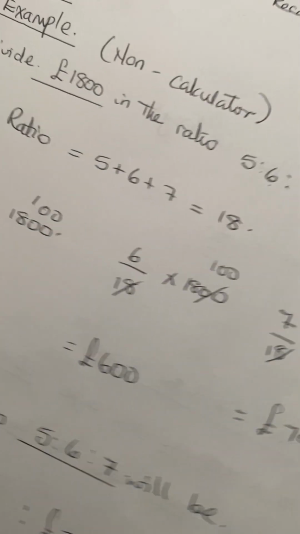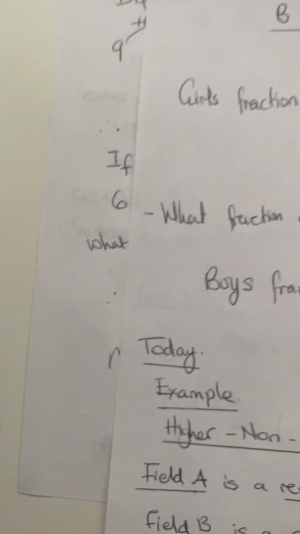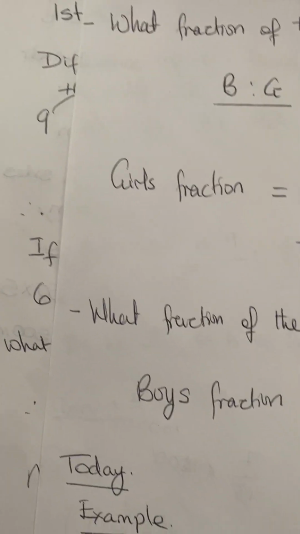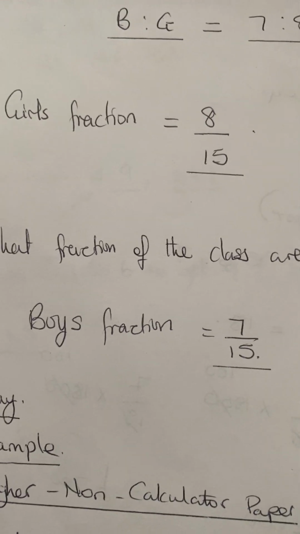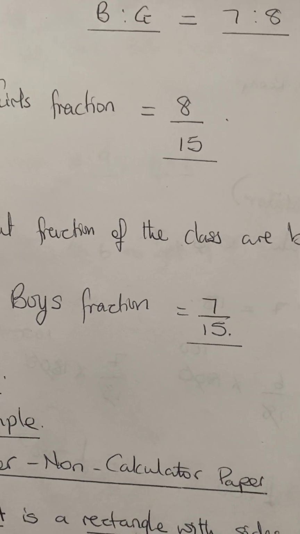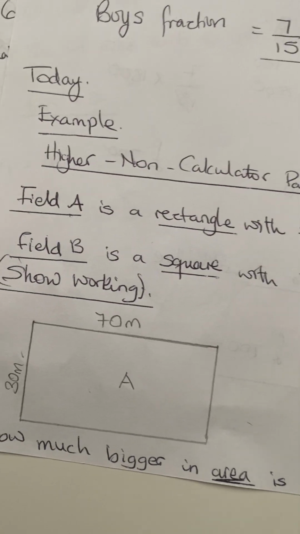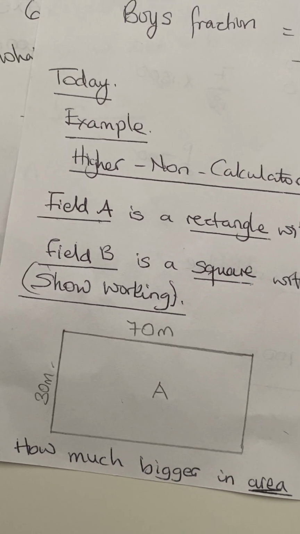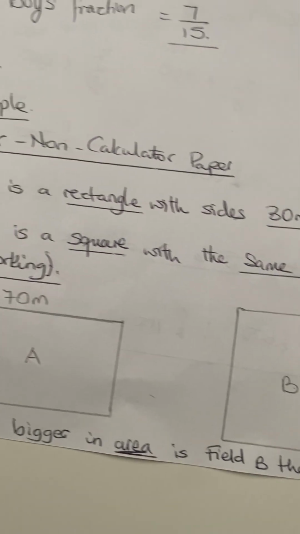Let me quickly go over what we did. We did a starter, which is a ratio, and then I quickly did a ratio question where we know the fraction of boys to girls, and then we did a rectangle and a square question which involves perimeter and area.